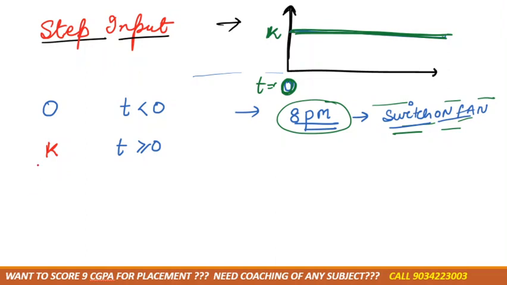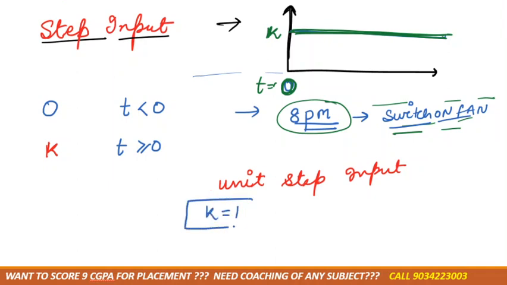Understood? Now thirdly, if we have a unit step input, in that case k is equal to 1. Got it?